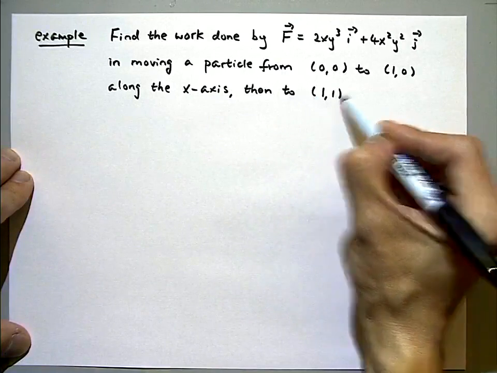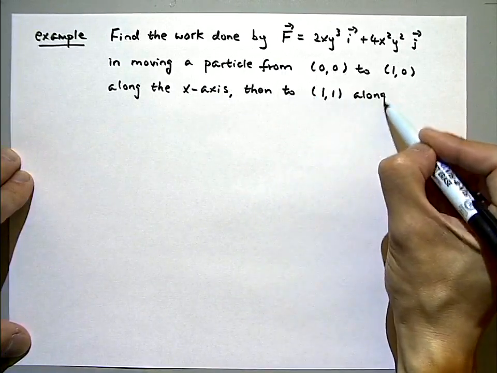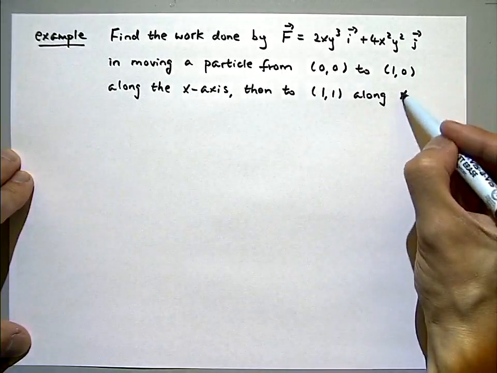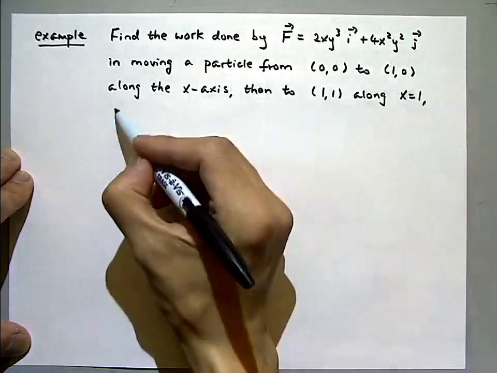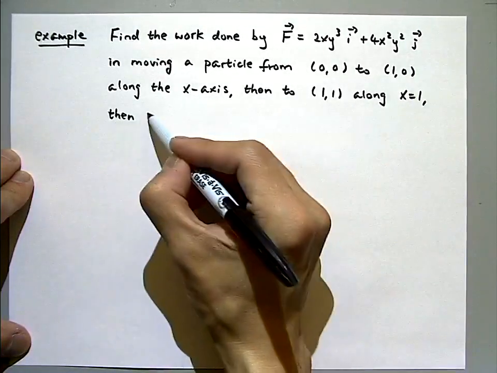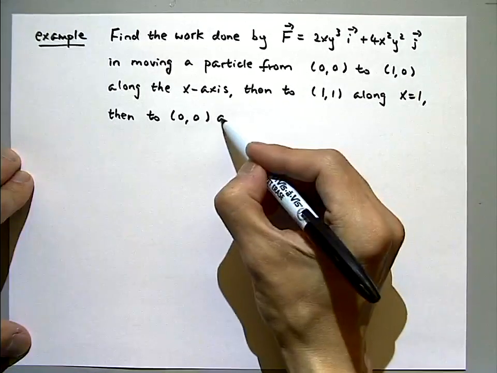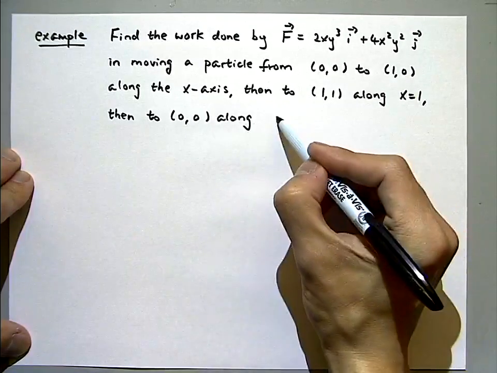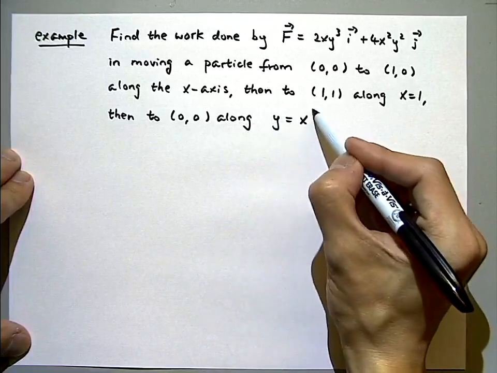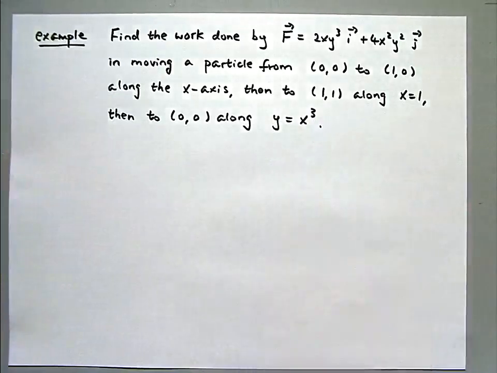Then to 1, 1 along x is equal to 1. Then back to the origin along the curve y is equal to x cubed.